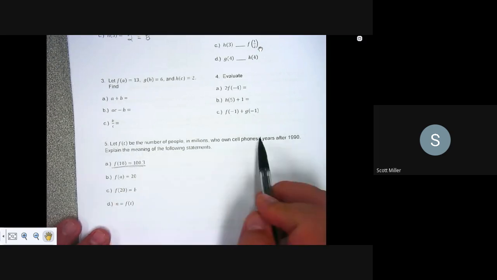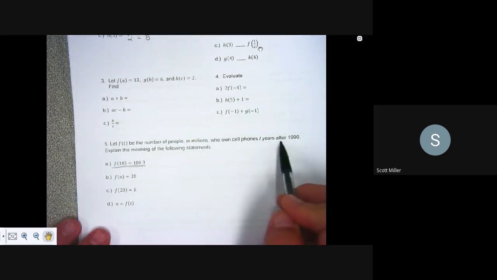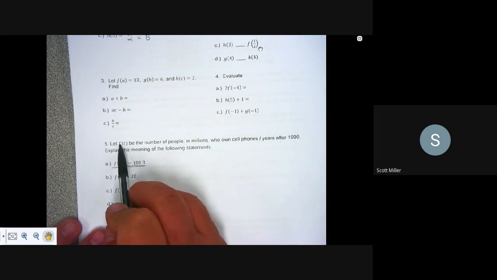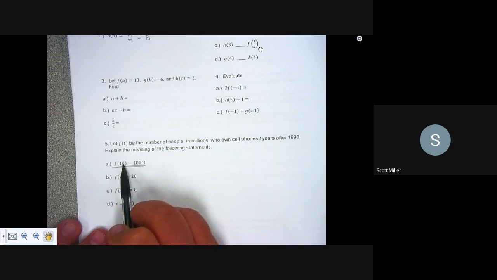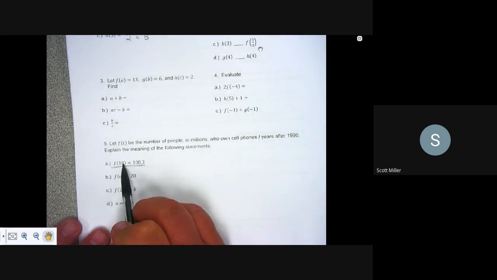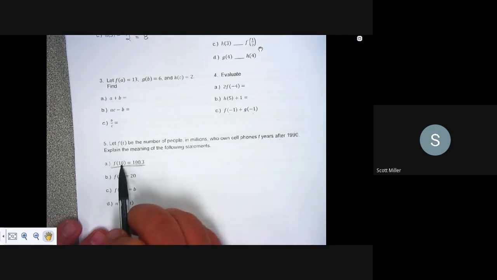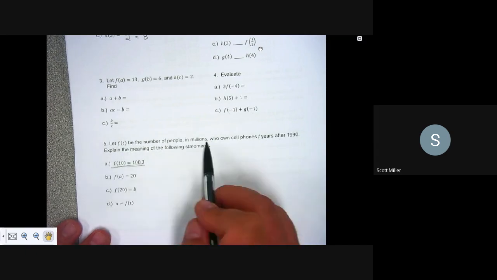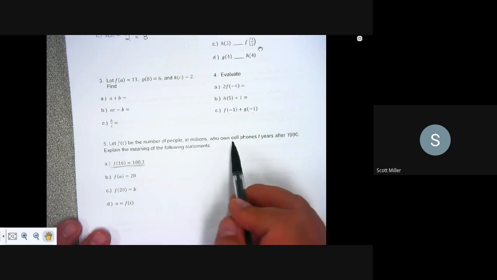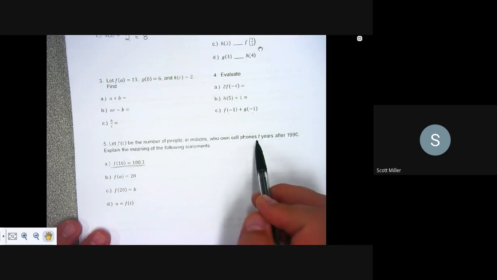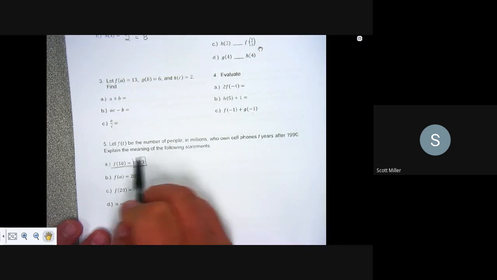The t is the number of years after 1990. So in comparison then, f of 10 means that t is 10, right? And so t being 10 means I am 10 years after 1990. That's what it means. And then this whole thing by itself represents the number of people in millions who own cell phones. That means this number here must mean the number of people in millions who own a cell phone.